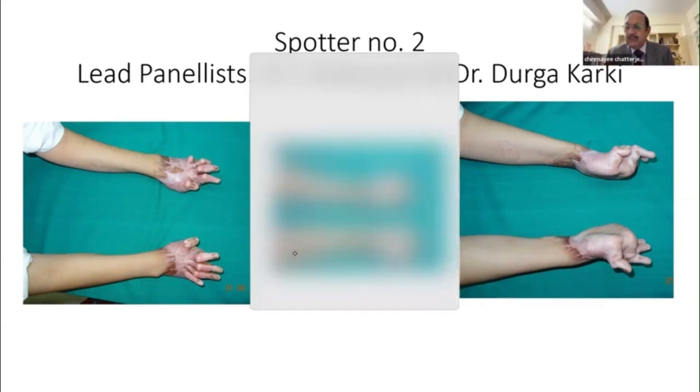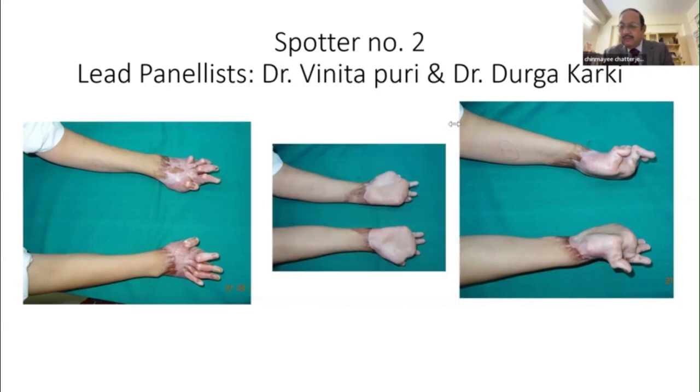What happens to the muscles proximal to the burnt area, in the unburnt area? Since the long extensors are not in use, they also get shortened. Flexors are also not being used practically, isn't it? So what are the changes which may happen in the unburned flexor muscles proximal to the contracture?